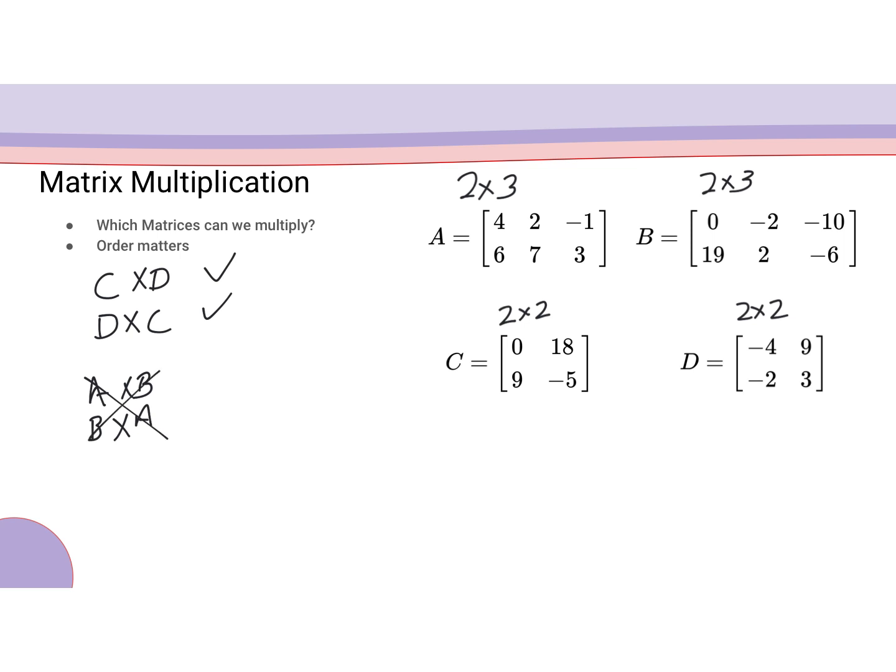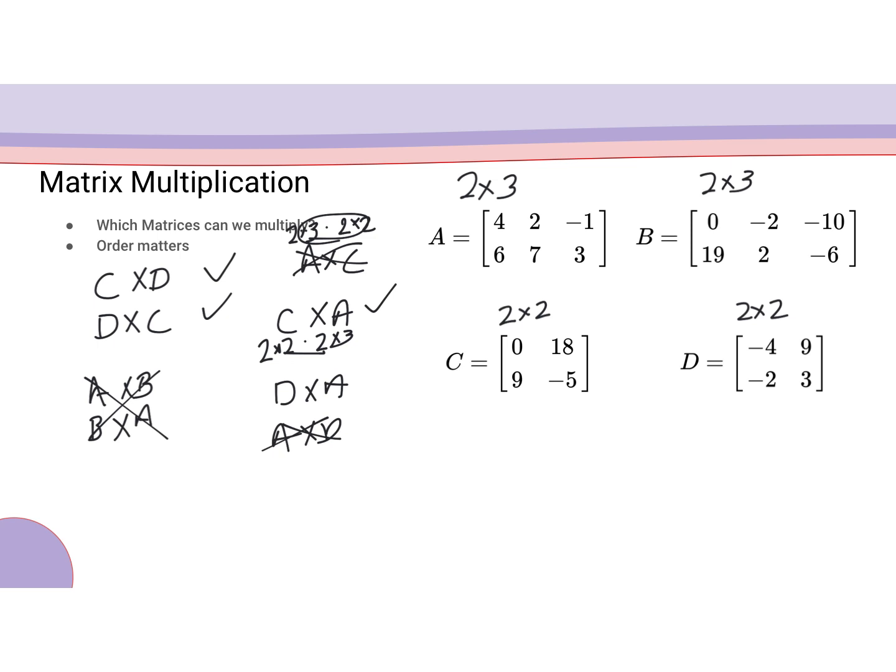Now here's where it gets more interesting. A times C, so A is 2 by 3 times a 2 by 2. The inner numbers do not match, but C times A, 2 by 2 times 2 by 3, will in fact work. In the same case with D, D times A will work, whereas A times D will not work.